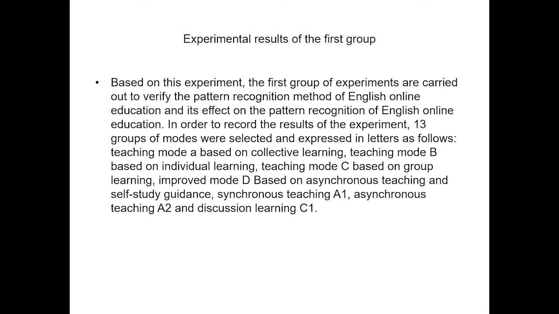In order to record the results of the experiment, 13 groups of modes were selected and expressed in letters as follows: teaching mode A based on collective learning, teaching mode B based on individual learning, teaching mode C based on group learning, improved mode D based on the asynchronous teaching and self-study guidance, synchronous teaching A1, asynchronous teaching A2, and discussion learning C1.